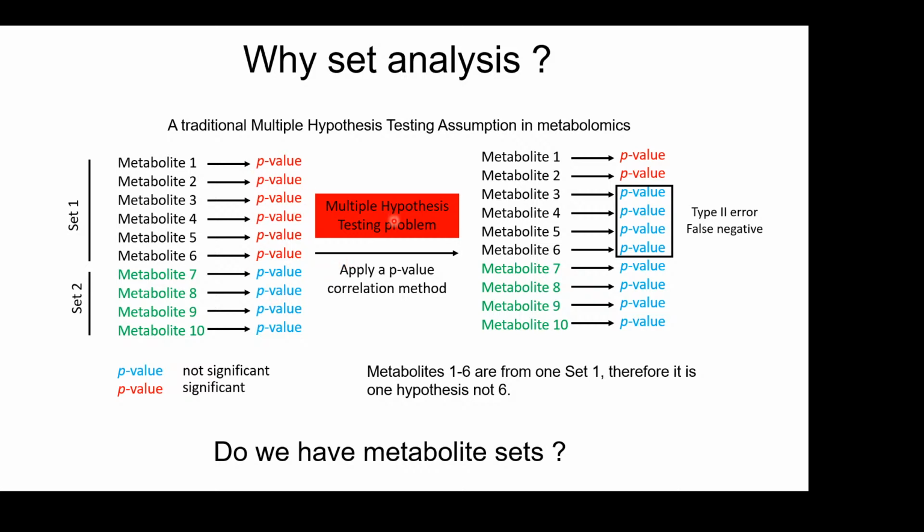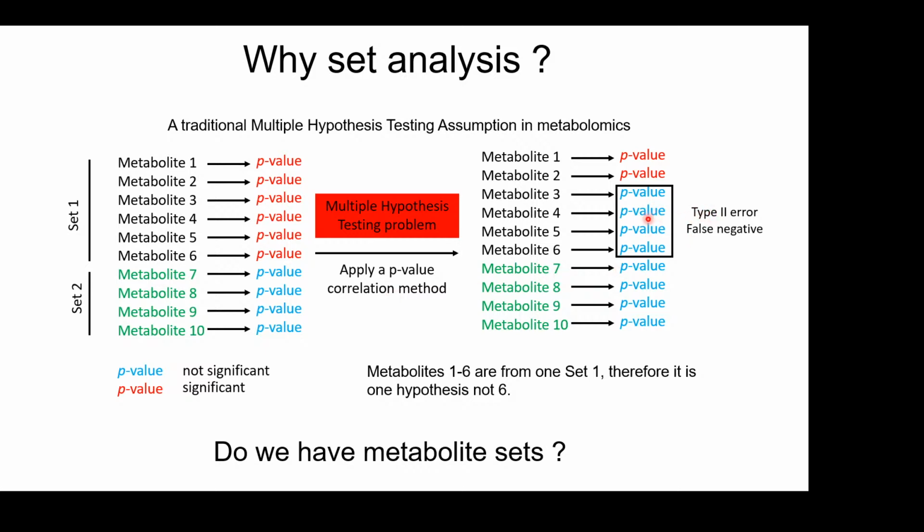Now, a traditional approach is that we apply multiple hypothesis testing and correct these p-values, and we get a second set of p-values where metabolites 3 to 6 were considered not significant because their p-values did not pass a second criterion after correcting for multiple hypothesis testing.